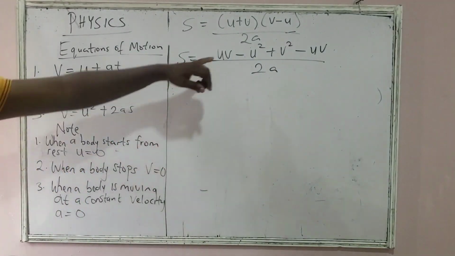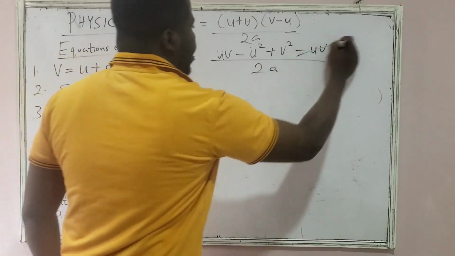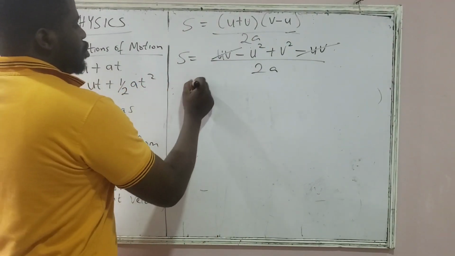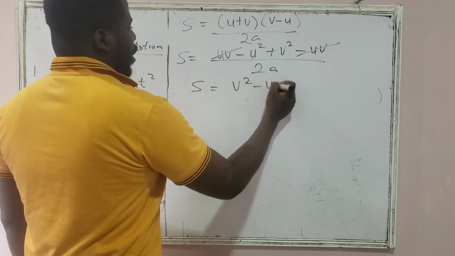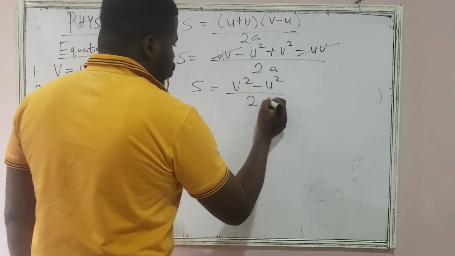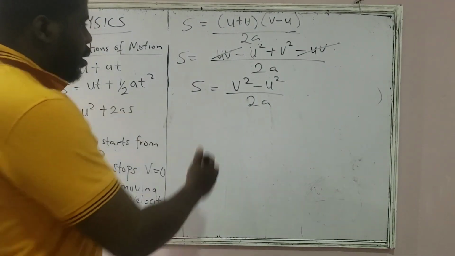If you notice, this one is positive and this one is negative, so we can cancel them. What we are left with is S = (V² − U²)/2A.